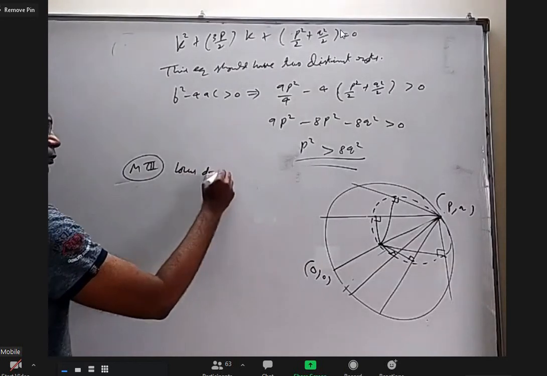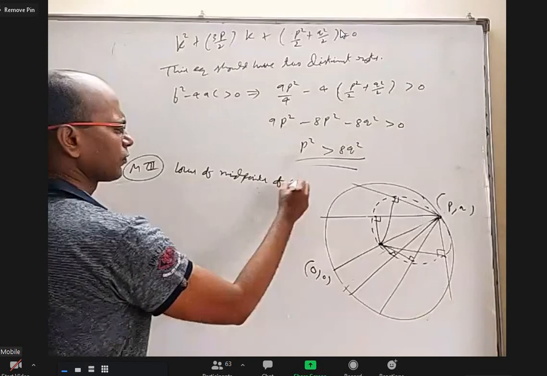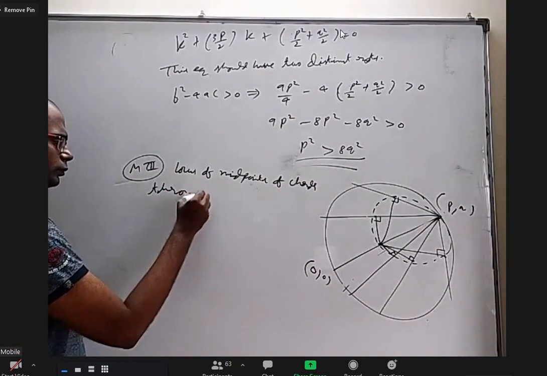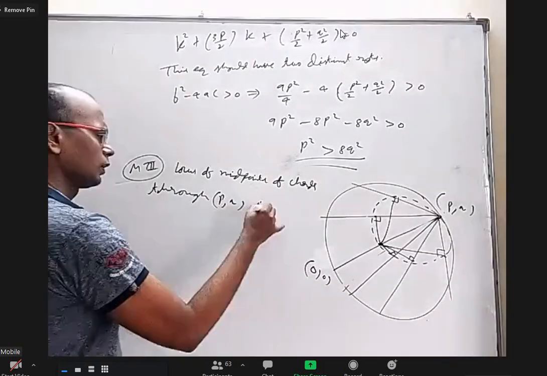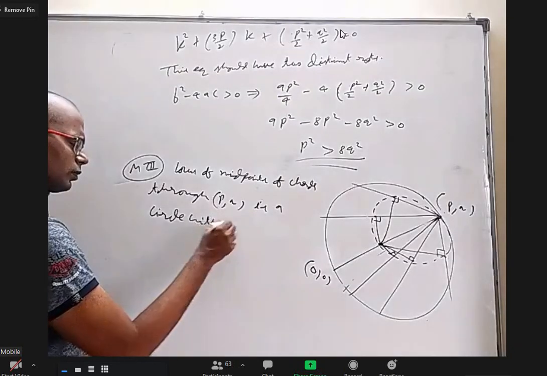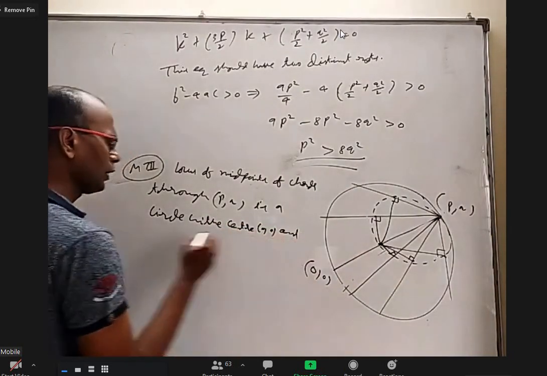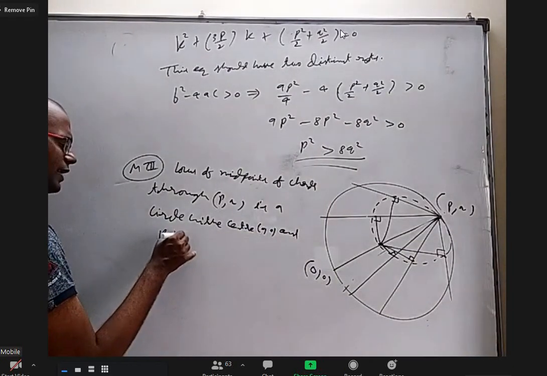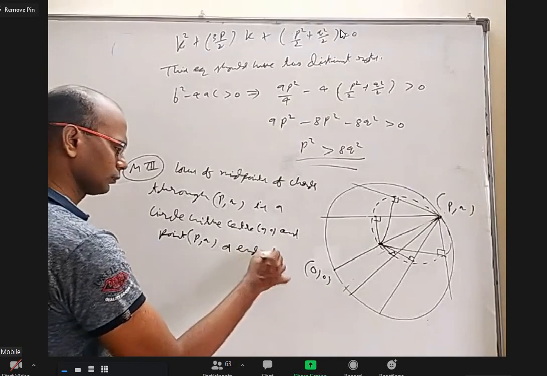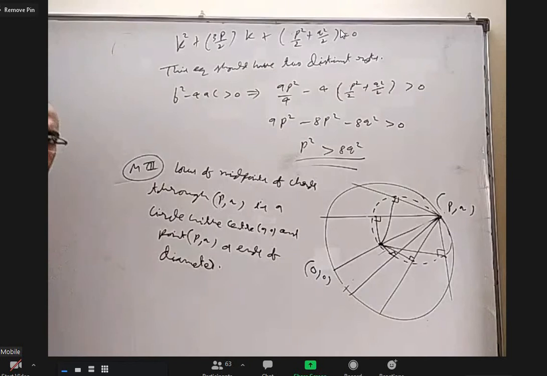Locus of midpoints of chords through P comma Q is a circle with center 0, 0 and point P comma Q as ends of diameter. Okay.